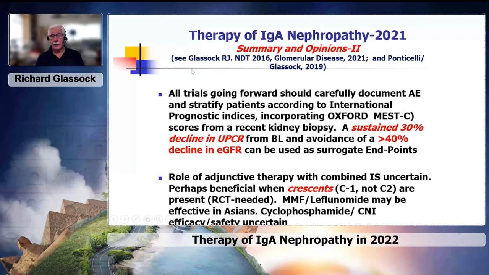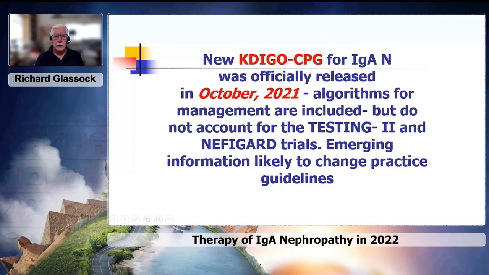Obviously, all trials going forward should utilize both the international prognostic indexes and the Oxford MEST-C scores from a recent kidney biopsy and can use both proteinuria and change in GFR as endpoints. Unfortunately, we don't yet know the role of adjunctive therapy with combined immunosuppressive therapy when patients have crescentic disease. We need randomized controlled trials.